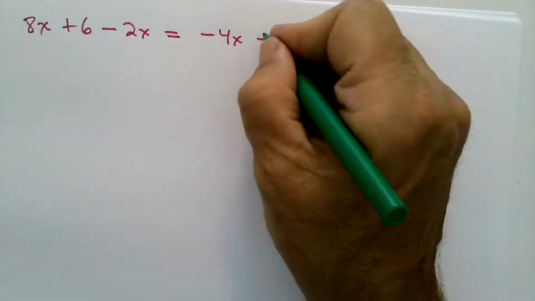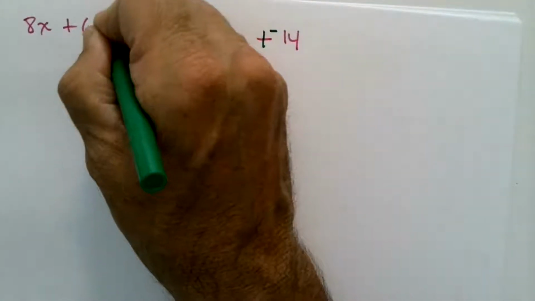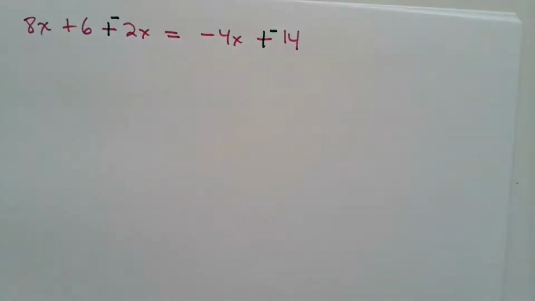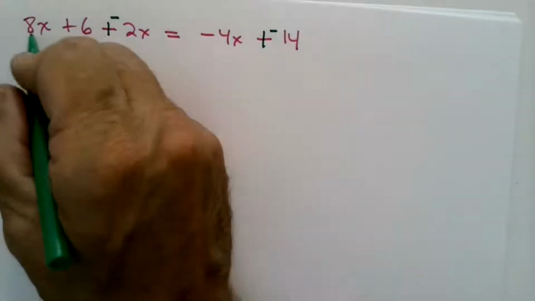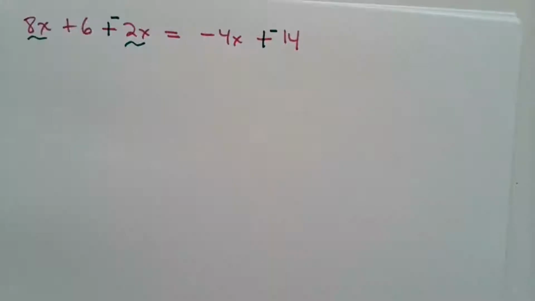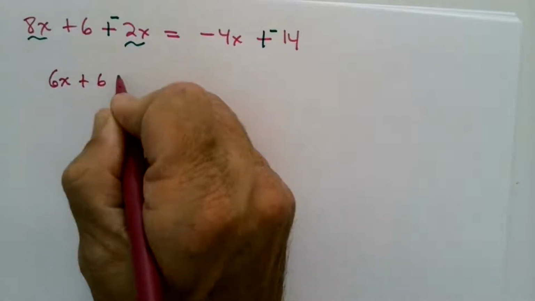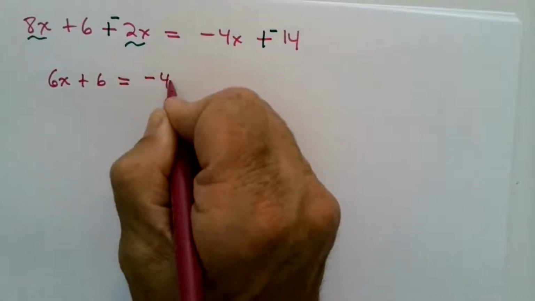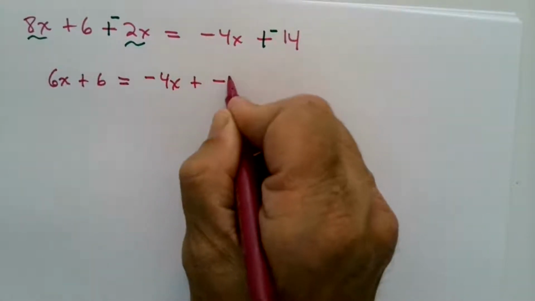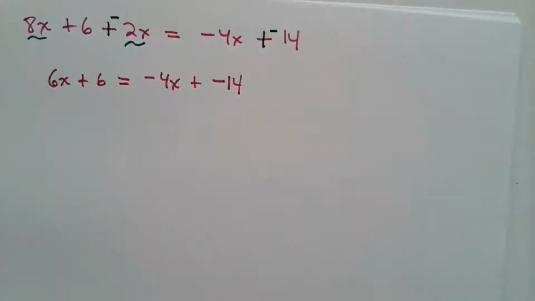Let's change the minus signs to plus negative. I want to simplify the left side. I have an 8x here, and I have a negative 2x here. 8x plus negative 2x is 6x. Plus 6 equals negative 4x plus negative 14.